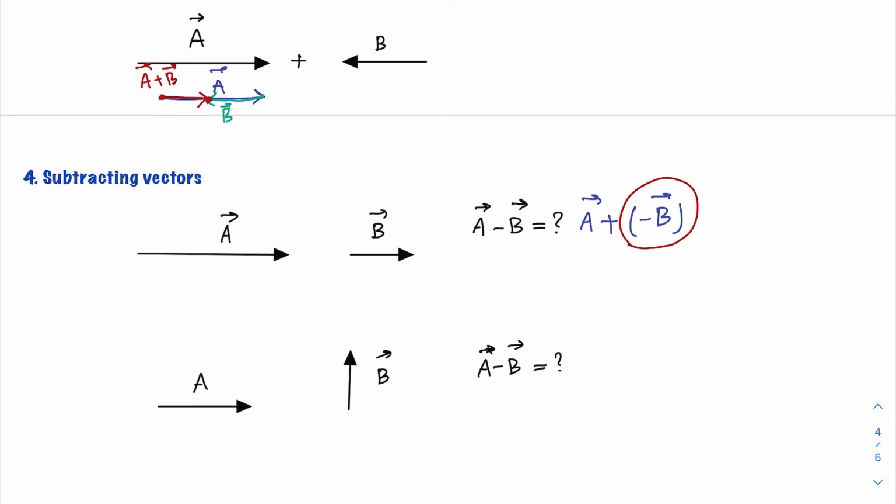And then I will use the head to tail technique to draw the vector. For example, in this case, vector A and vector B. What will be vector A minus B? I will draw vector A. This is my vector A. And how about vector B?